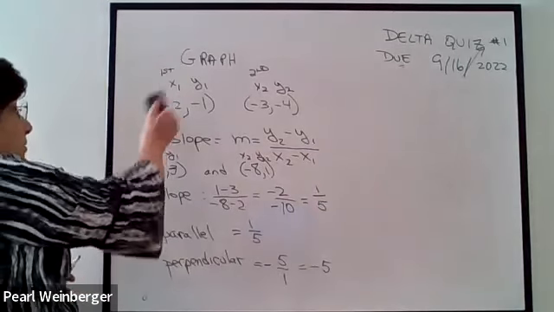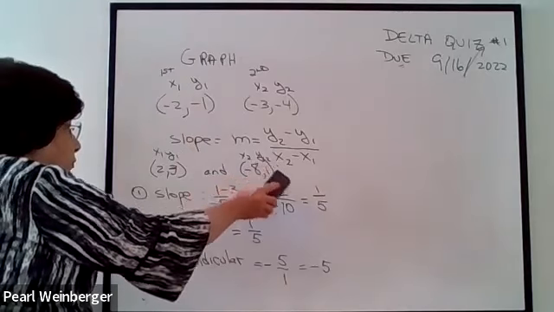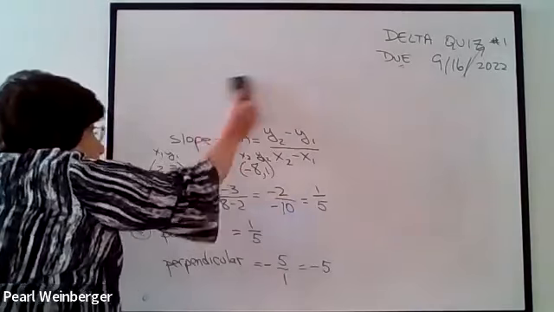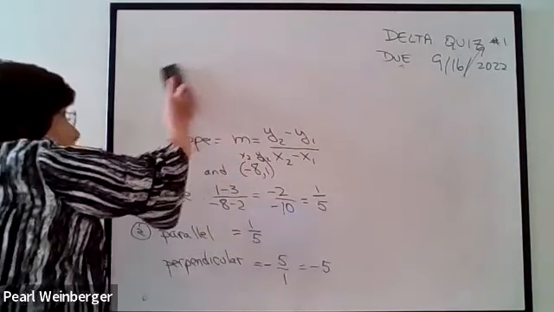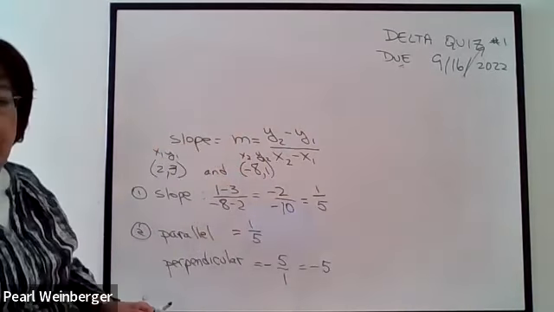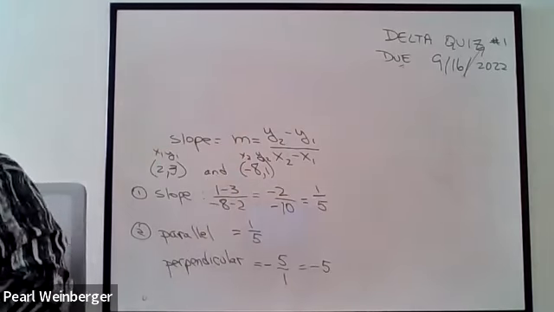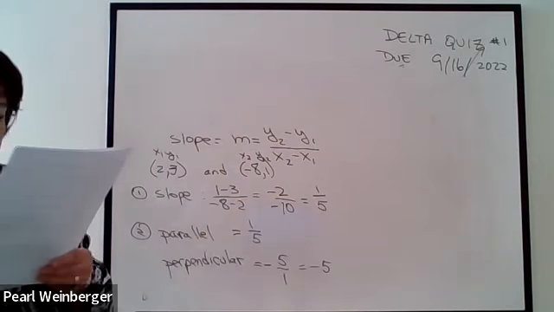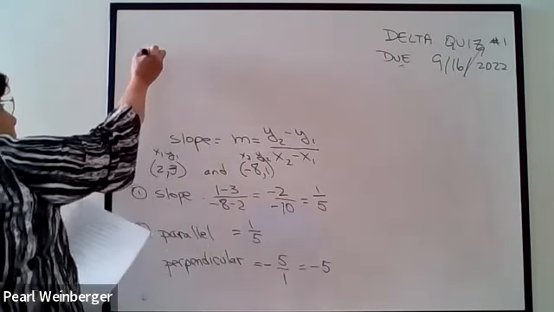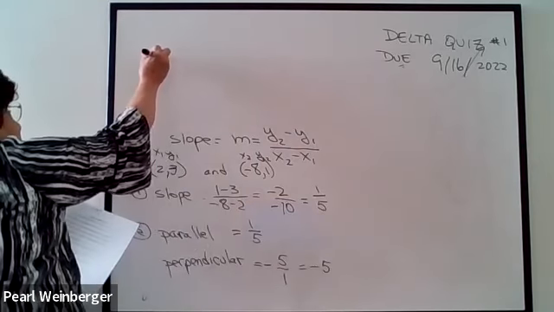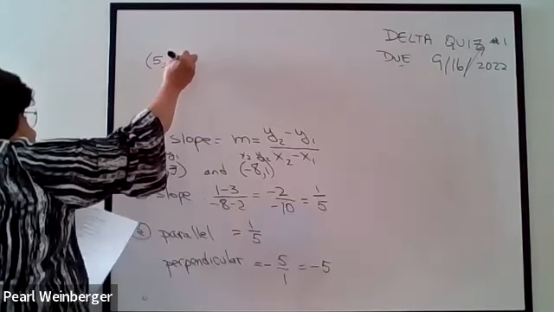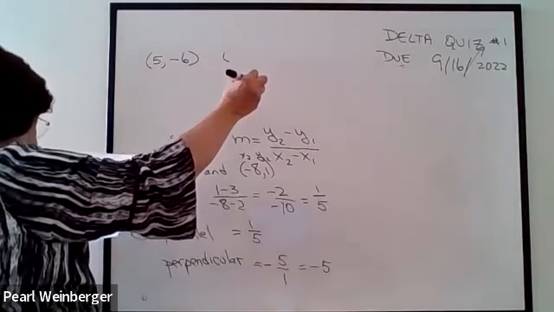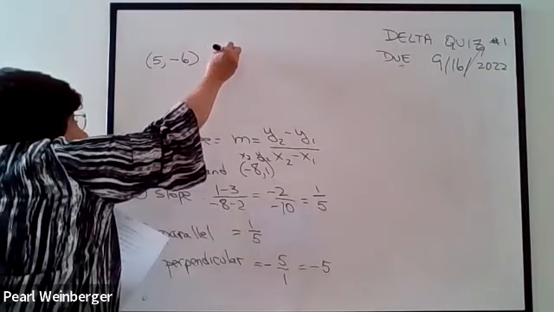Okay, I'm going to erase most of it, except I'll leave on the formula. Here, I'm putting it on top. One point will be 5, -6. And the other point I'm using is 2, -4.